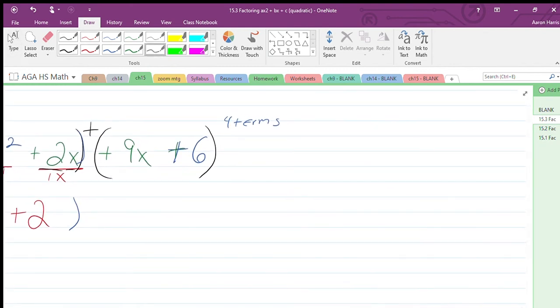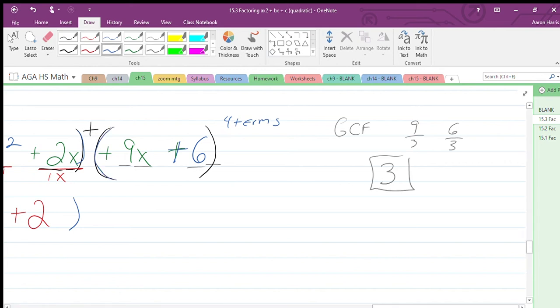So now I come over here. I want to find the GCF of what? 9 and 6. Here's a 9, here's a 6. I know 6 doesn't go into 9, but we both know that 3 will go into all of it, right? So 3 is my greatest common factor there. And then I look at x. There's no x here, so I know that my GCF is just plain 3.